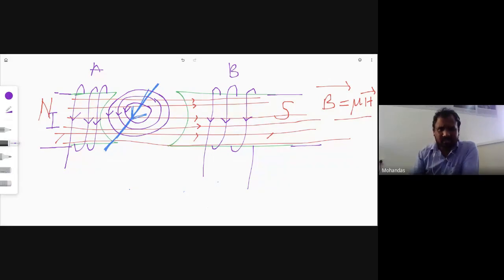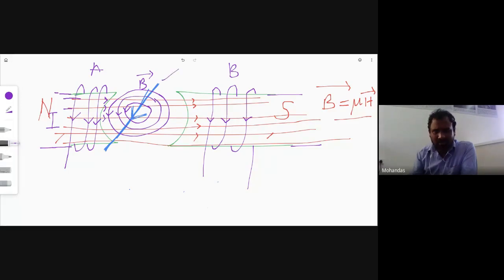Now see, in this case, these are which lines? Magnetic flux lines. Here the magnetic flux is there, and here the magnetic flux is. What are these red color lines? Main field flux lines. Main field flux. Now, in this case, these flux lines are due to which one?